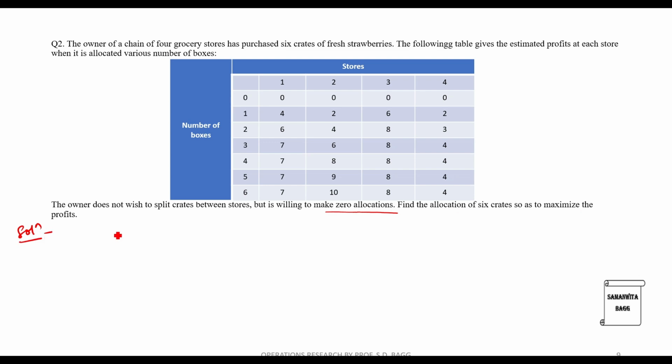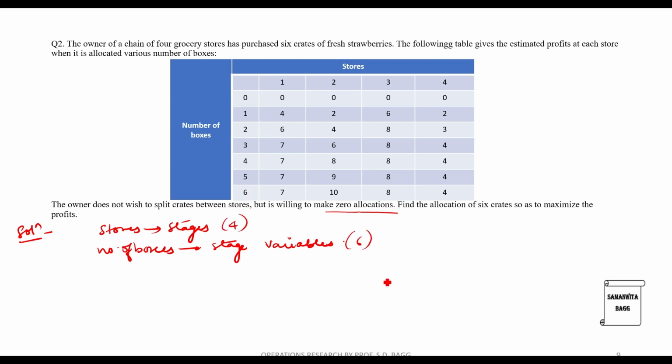Now the first thing that you need to understand is that the stores given over here represent the stages and the number of boxes indicates the stage variables. So there are actually a total of 4 stages and 6 stage variables, as you can see.